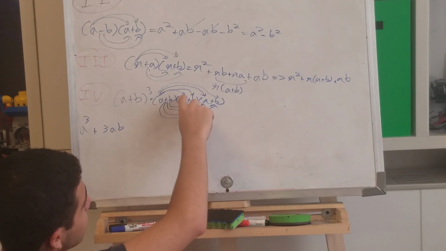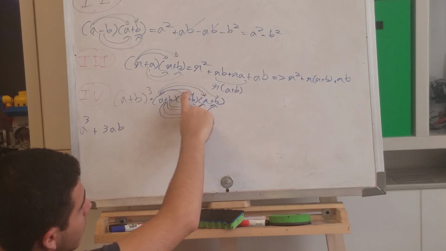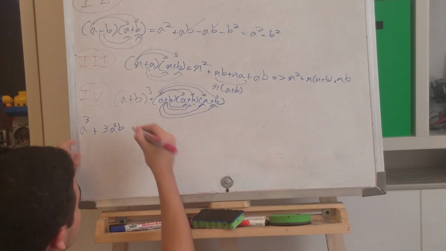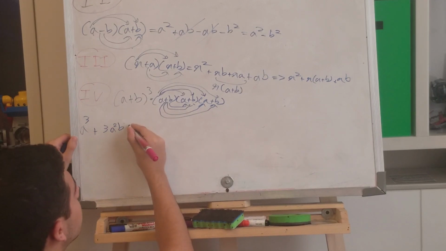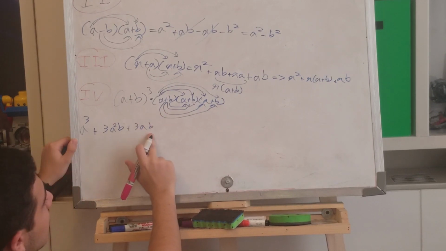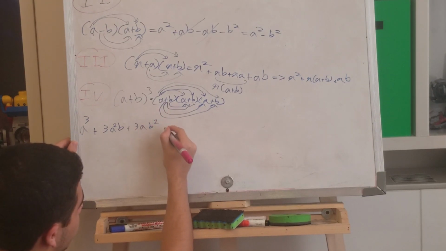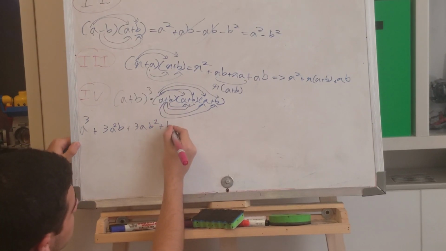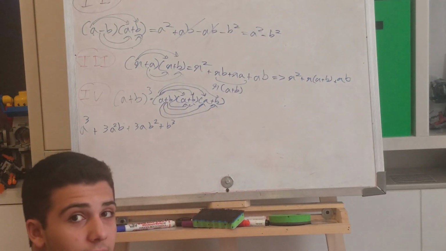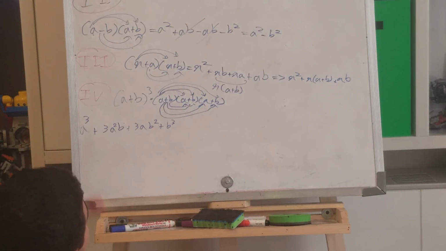Because this is a squared, so a is multiplied by 2 of these, you'll just have a squared b, plus same thing, except instead of writing 3a squared b, you write 3ab squared, and then plus b cubed. That's how it works. If I want to write this whole thing, it will take like half a page.